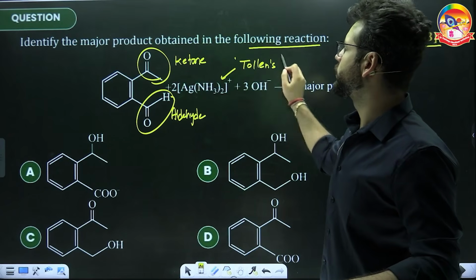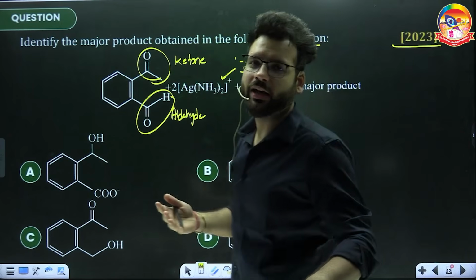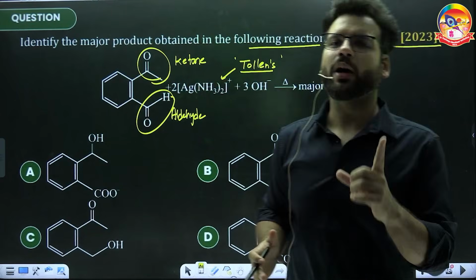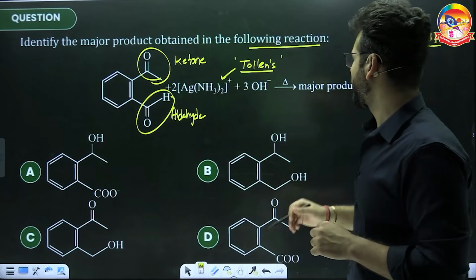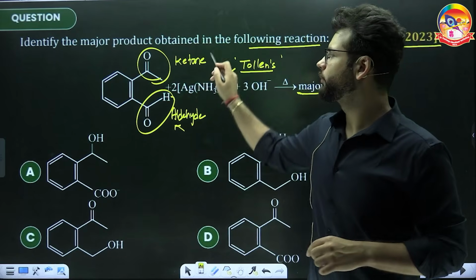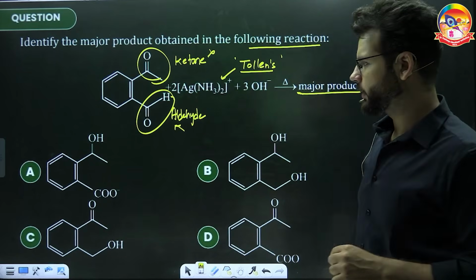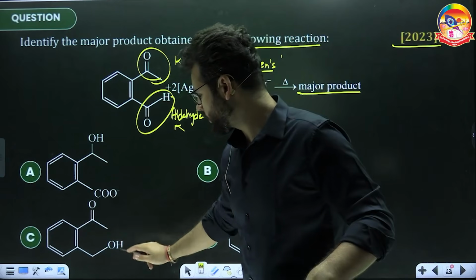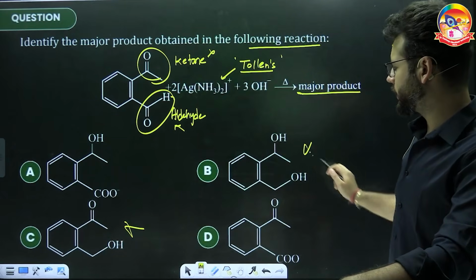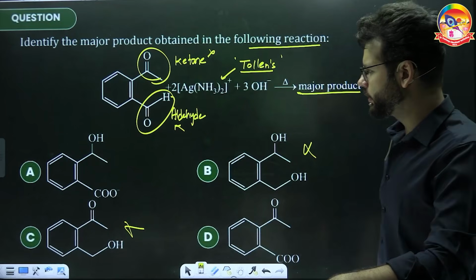Tollens reagent, it's an oxidation reaction again. Tollens reagent reacts with all types of aldehydes to give you carboxylic acid and silver mirror. So the major product will be a carboxylic acid here, but no effect on ketone, right? So this is ketone, but this is alcohol. This is reduction we have done, not correct. This is alcohol, alcohol. This is not a reducing agent.